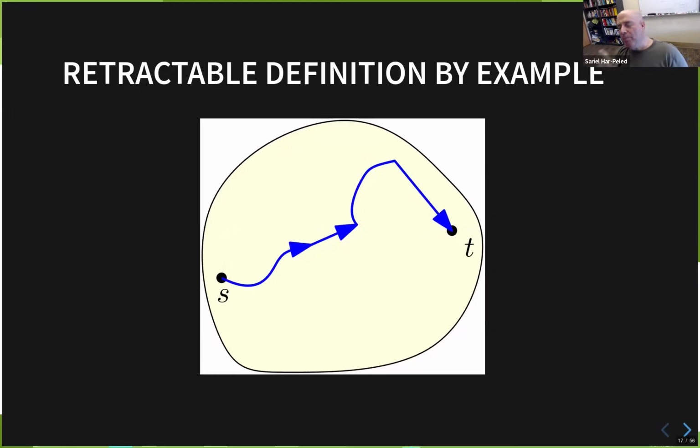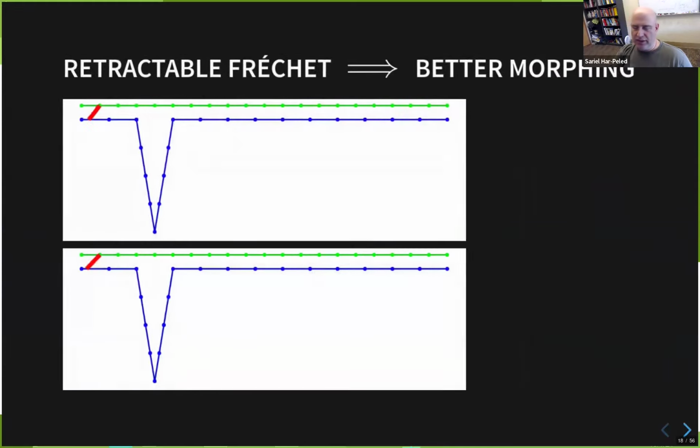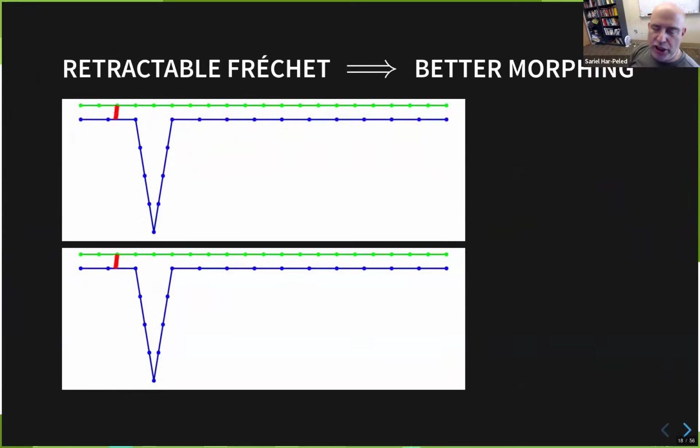And unlike the bottleneck shortest path, the retractable shortest path is uniquely defined, assuming that the weights are different. And this makes way more sense for the Fréchet distance, right? So here is an animation showing the two things in action, and the bottom one is the retractable version.